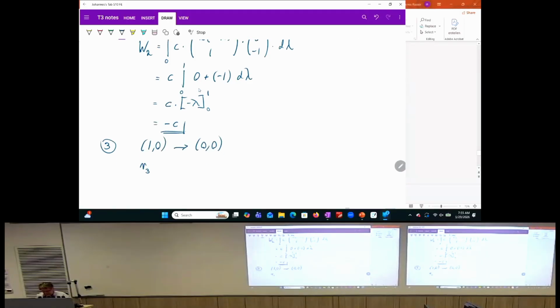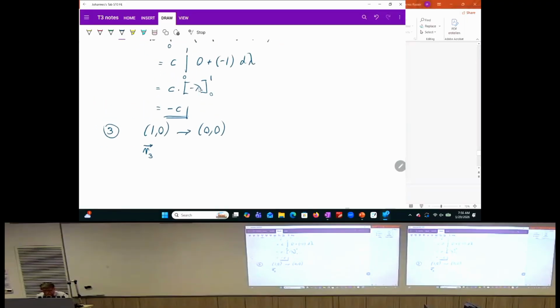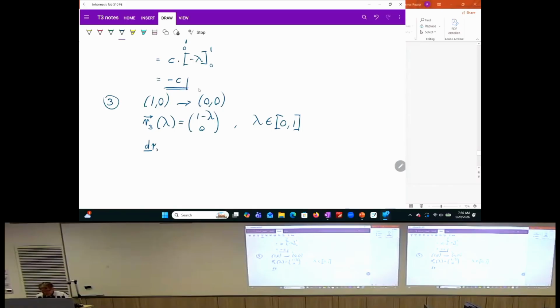Now our third r, signifying the 3, again the third path segment of that closed path, we can write as 1 minus lambda, 0, with lambda running from 0 to 1. Then the derivative of r with respect to lambda, you see immediately, minus lambda gives a contribution which is minus 1, and down there is no contribution.